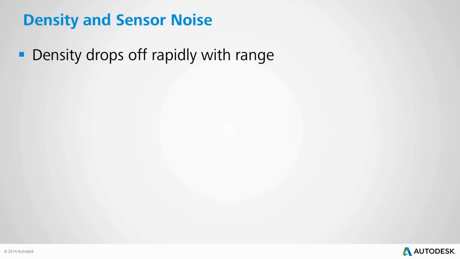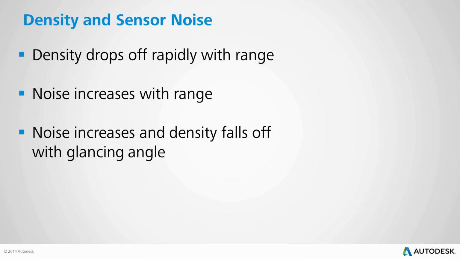Let's talk a little bit about noise and density. So most of you probably realize that density falls off rapidly with range when you're laser scanning. Noise also increases with range. Both of these actually change as well with the glancing angle to the surface. So for example, say the scanner is looking directly down at the floor below it, you get a nice strong, perpendicular return off the floor below the scanner.